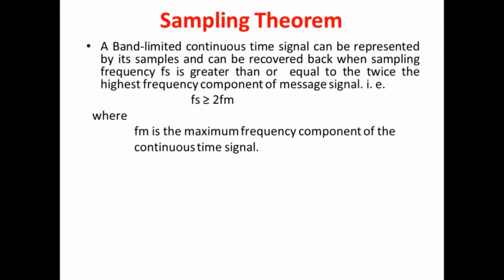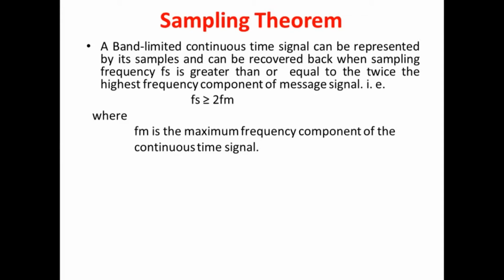So this is the statement of the sampling theorem. A band limited continuous time signal, again I repeat, a band limited continuous time signal can be represented by its samples, and it can be recovered back when the sampling frequency fs is greater than or equal to twice the highest frequency component of the message signal, that is the analog signal.